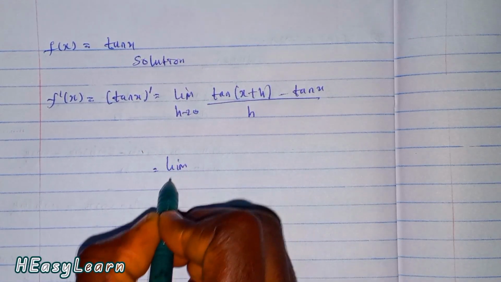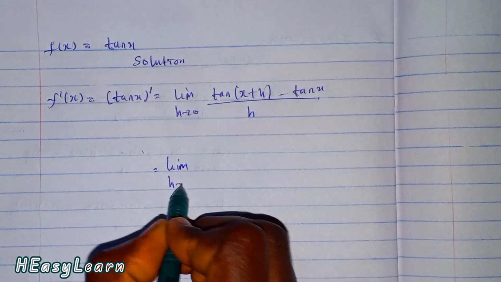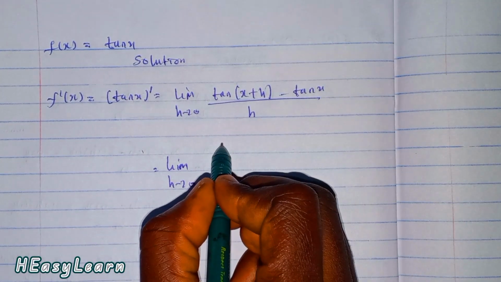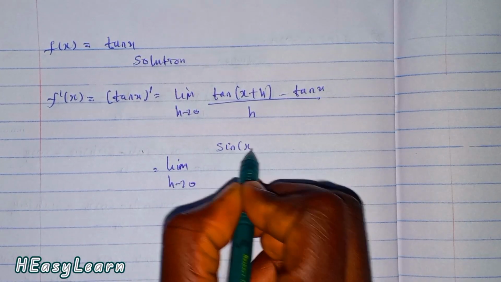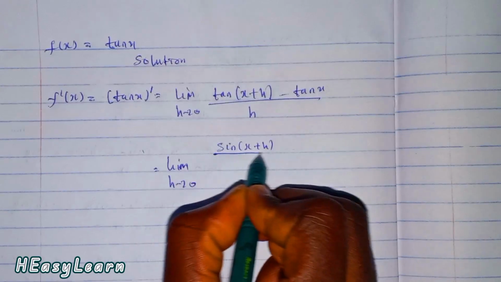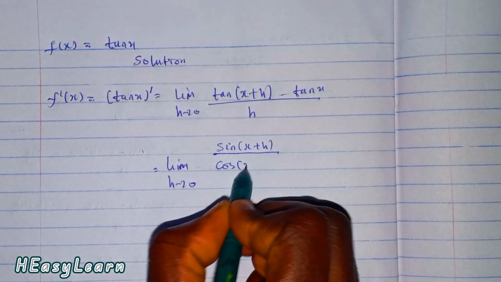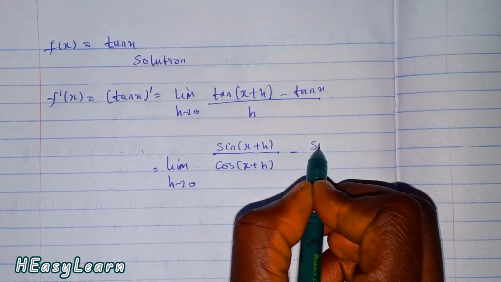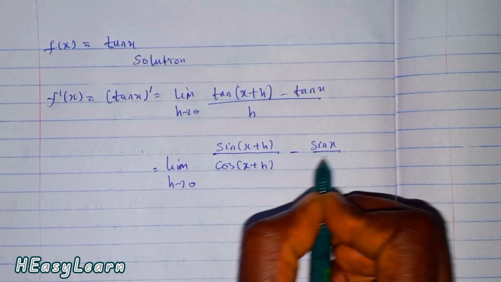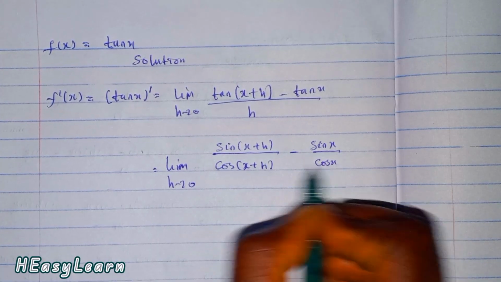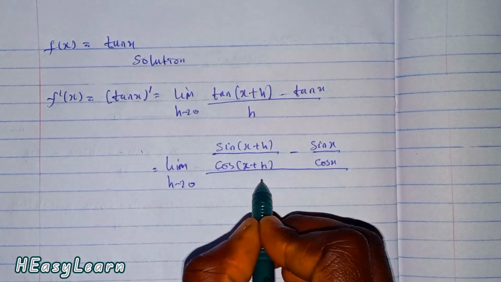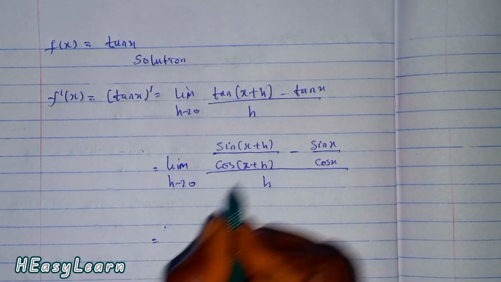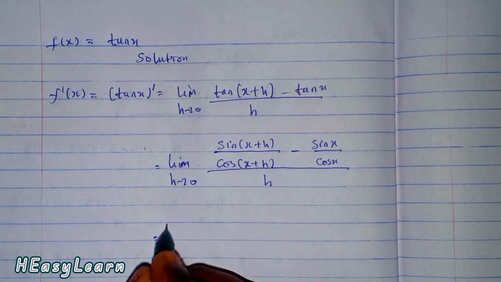Limit h approach 0. Tan x is sin x plus h over cos x plus h, minus the original function sin x over cos x, over h. What is this expression?